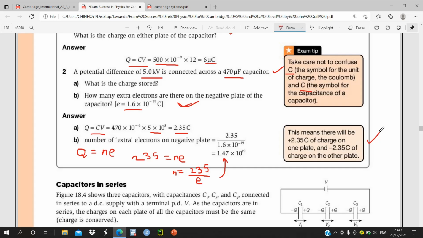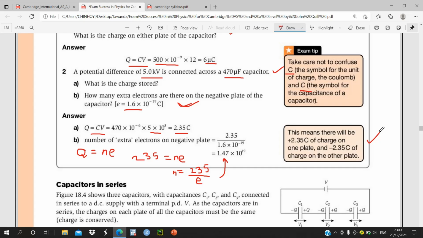If we have a charge of 2.35 coulombs on the positive plate, then the negative plate will have minus 2.35 coulombs of charge on the other plate.